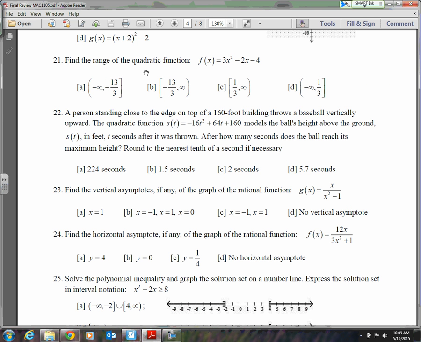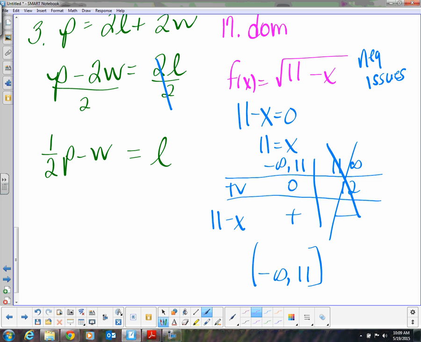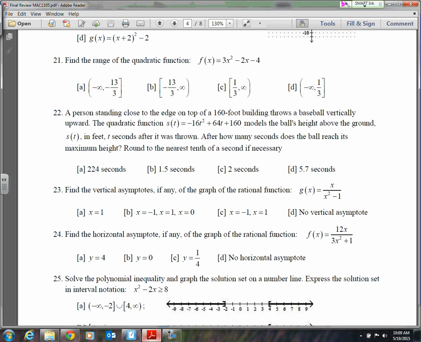Find the range. Okay, does it open up or down? So did you draw yourself a little picture? No. Did you draw yourself a little picture that's going up? No? Okay, so we're going up. So what do you know about the range? Is it negative infinity to something or something to infinity? It'd be something to infinity. So what do you have to find?